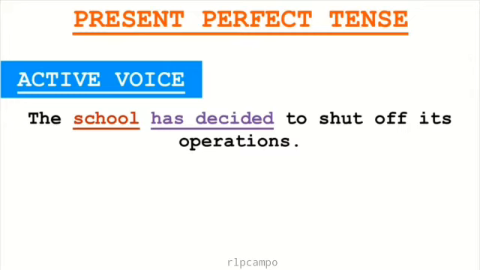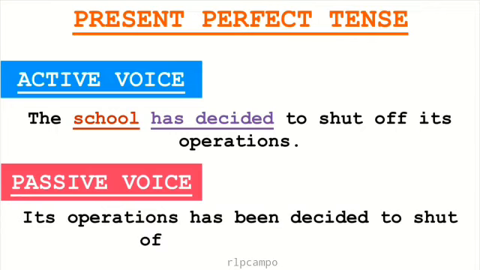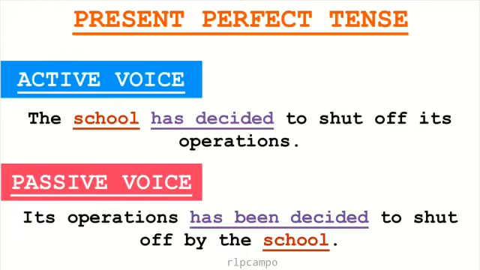The passive transformation of this is its operations has been decided to shut off by the school. Notice that been is added to the verb to make it has been decided.